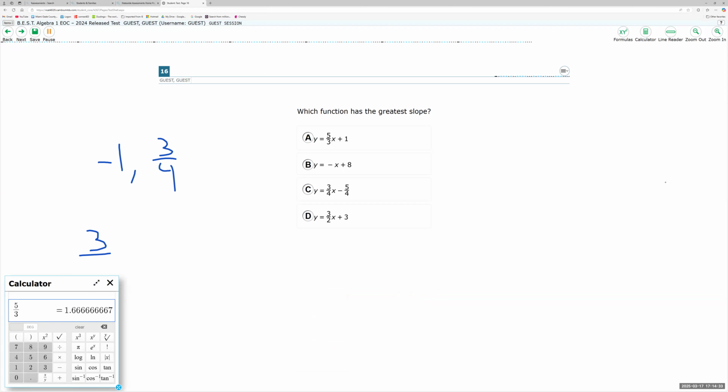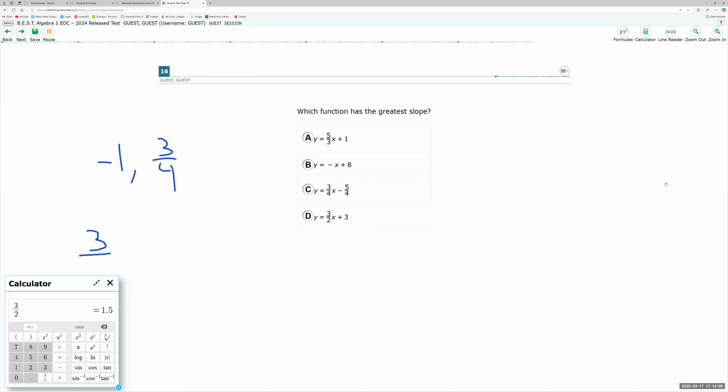Is 1.6 repeated. And then the other number is 3/2. So 3 divided by 2, see how it compares to 1.6. So 3 divided by 2 is 1.5. So the greater one is 5/3, A.